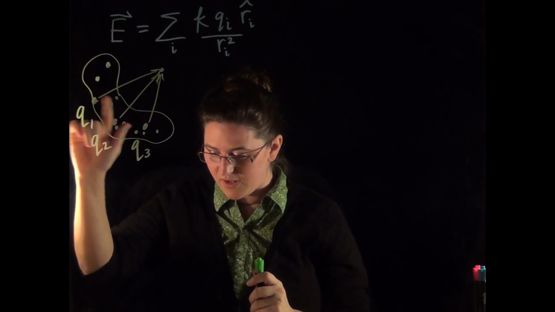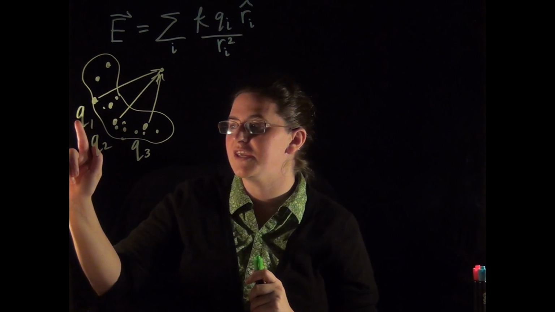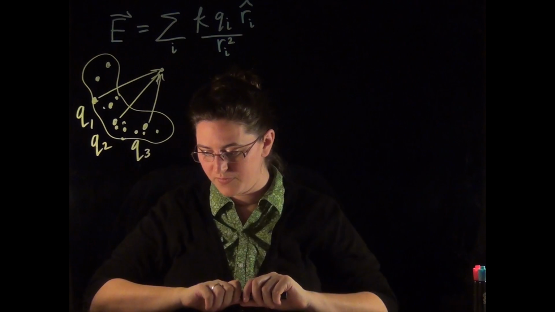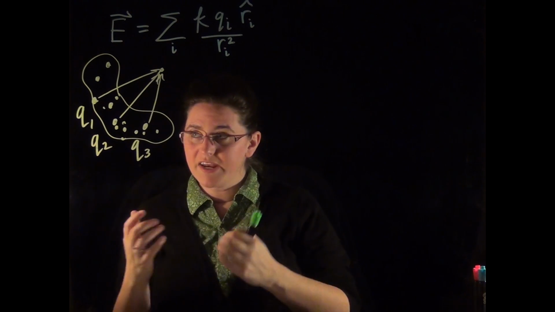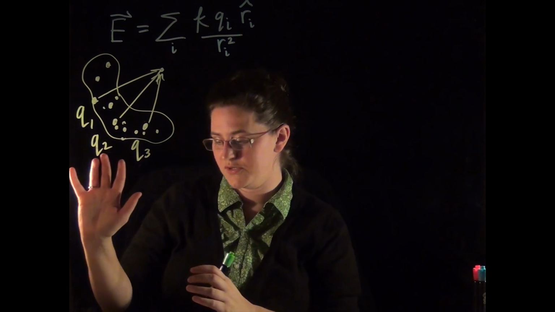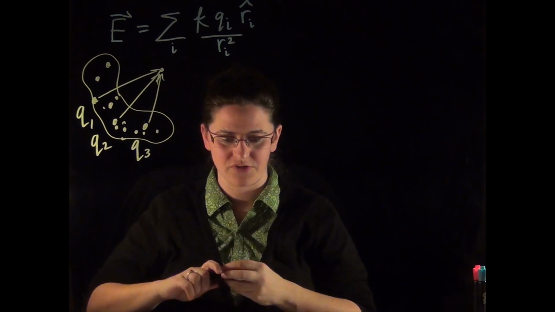Every part of the distribution contributes to the electric field in the same way that each point charge contributes to the electric field here. Instead of adding the electric field for each of the charges, we're going to sum, or integrate, to find the total electric field.